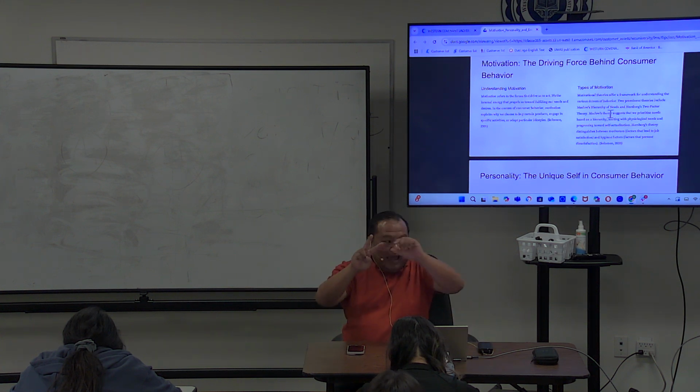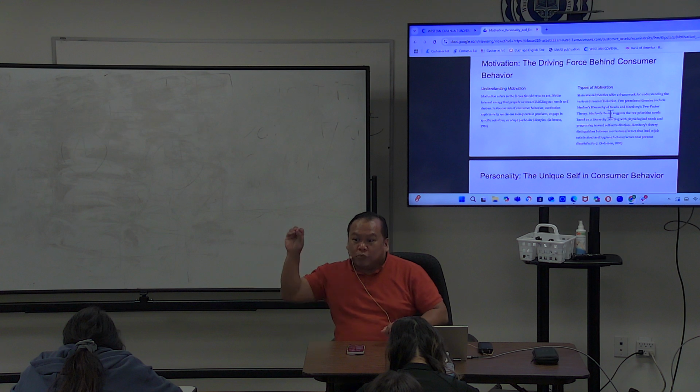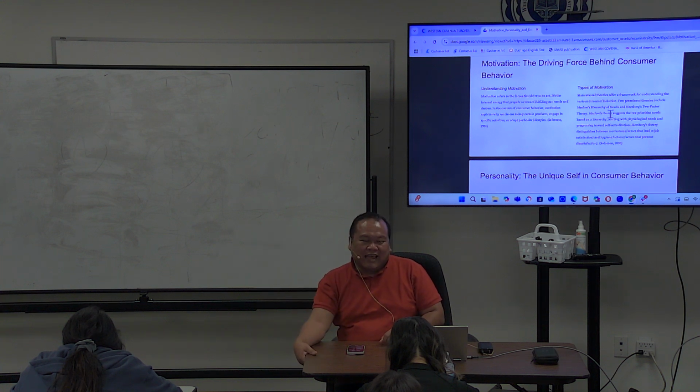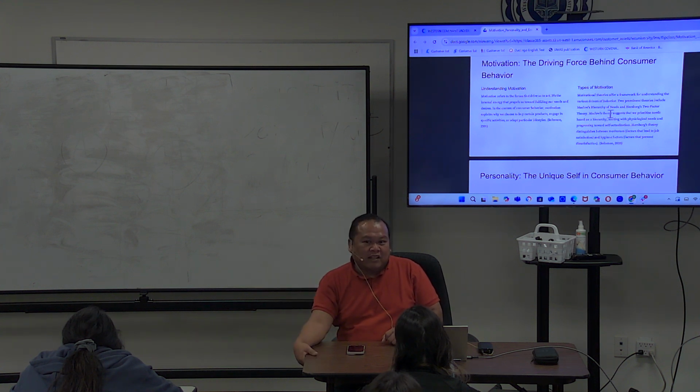Either they will act on it because that will make them happy, that will satisfy them, that will make them comfortable, or they will act on it to prevent that thing that will make them sad, uncomfortable, or dissatisfied.